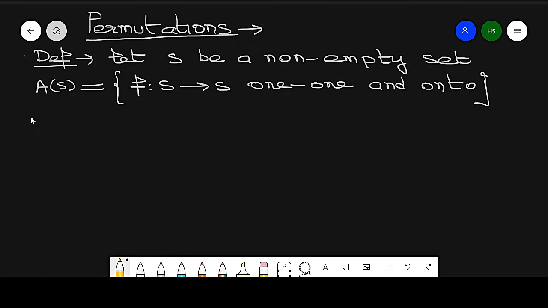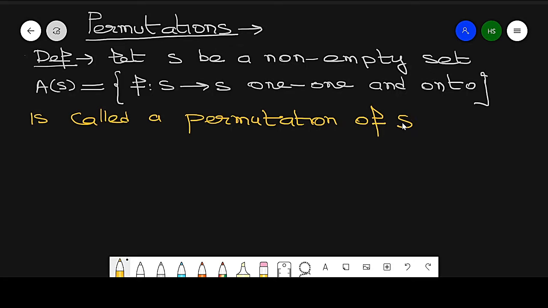So this is called the set of permutations, called a permutation of S. So this is called a permutation of S.